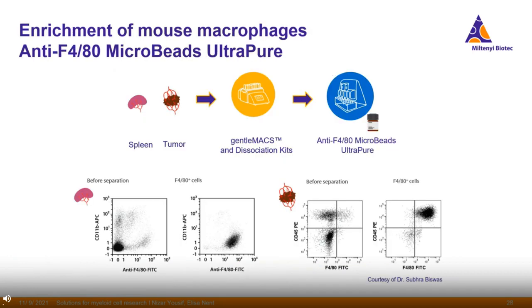Now, anti-F4/80 microbeads ultra-pure is a very good option for the isolation of mouse macrophages from spleen or tumor tissue. And here below is flow data showing the separation of F4/80 positive cells from spleen and tumor tissue.